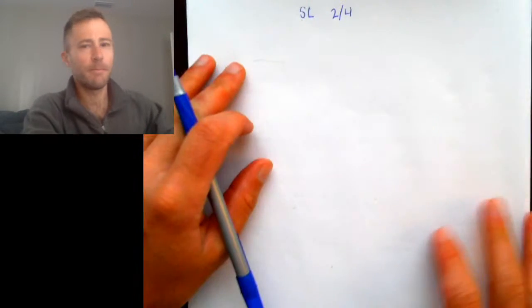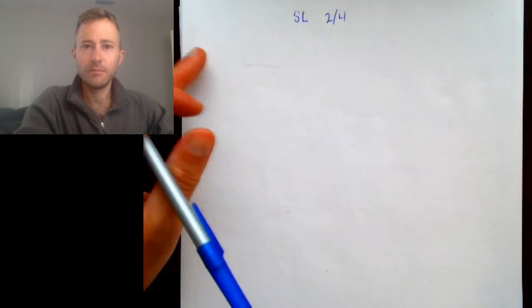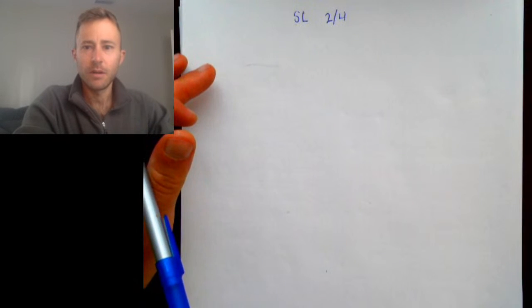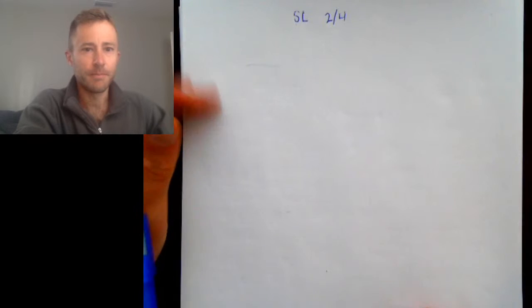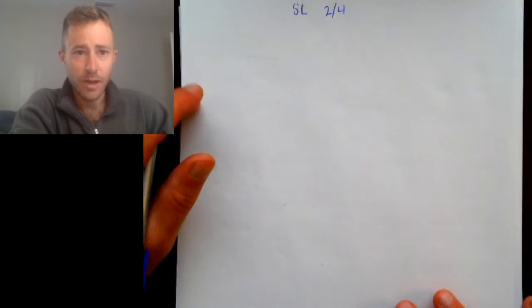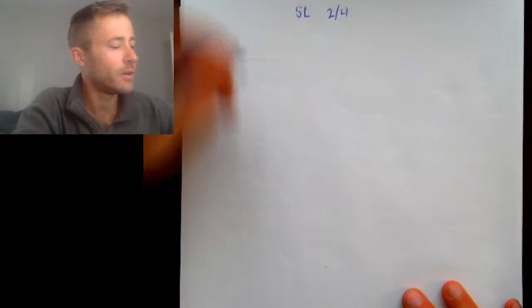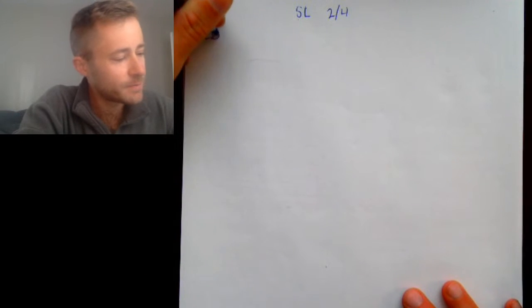Okay, so what we are going to do today is, why does that look weird? Okay. What we're going to do today is we are going to talk about electric field lines.